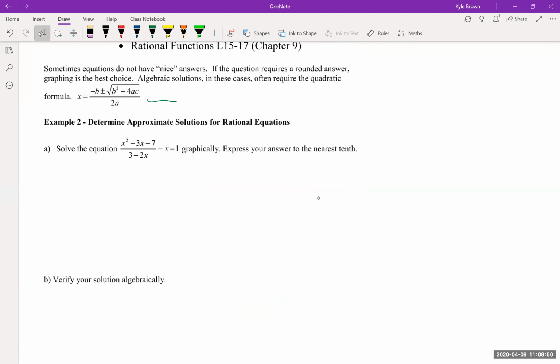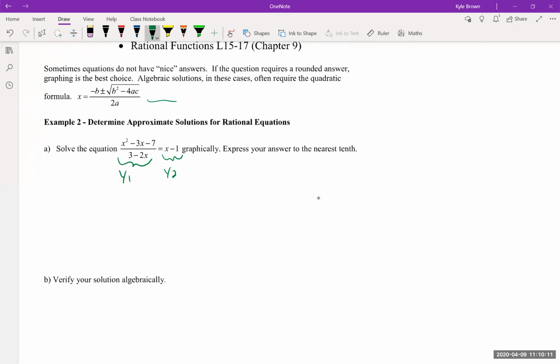Okay, so we're going to factor the top. Well, actually, you know what? We'll do it first graphically. In this case, in your graph, you would graph this as y1 and this part as y2, or f of x1 and f of x2, depending on the calculator you're using.